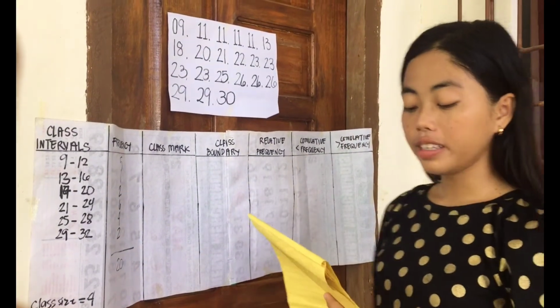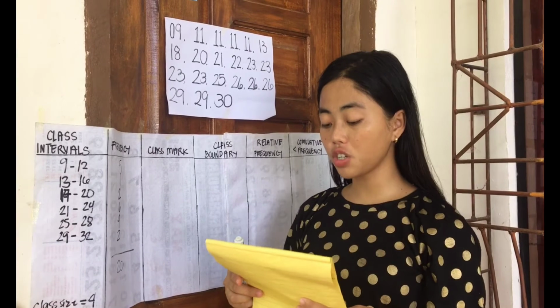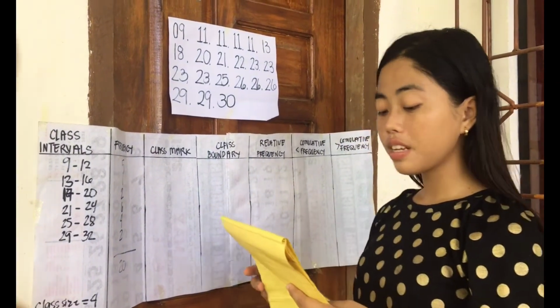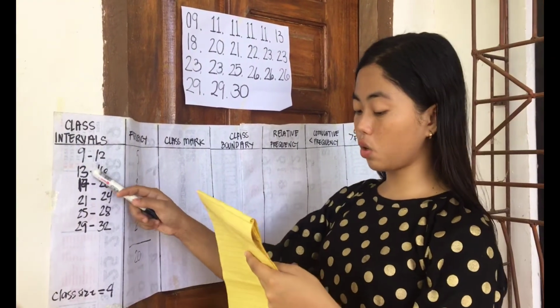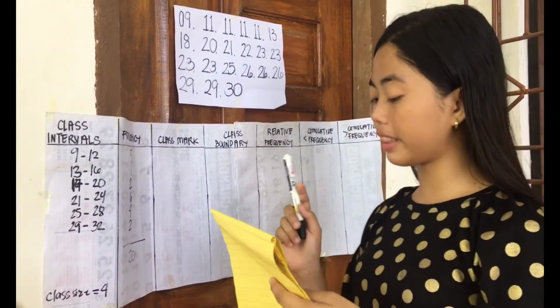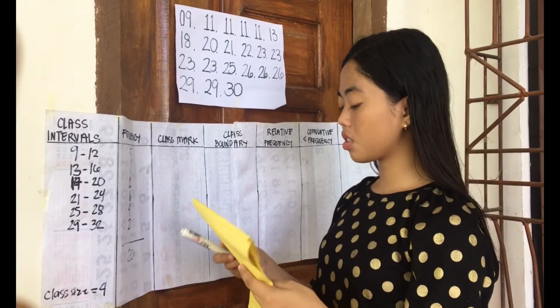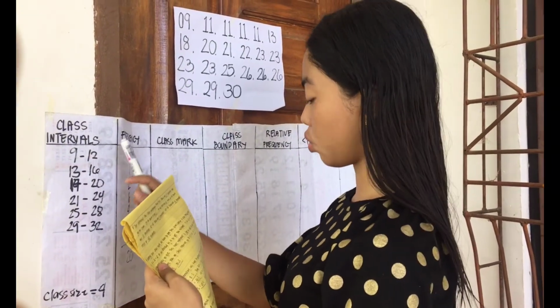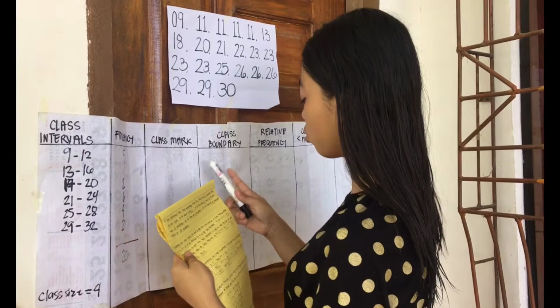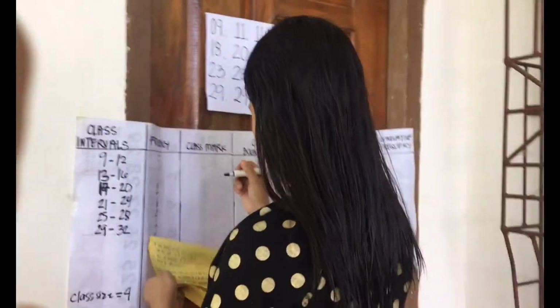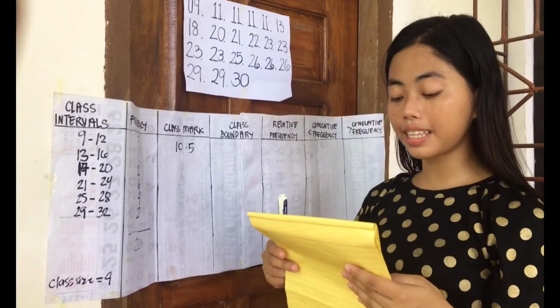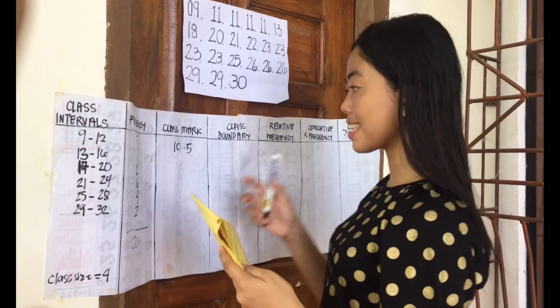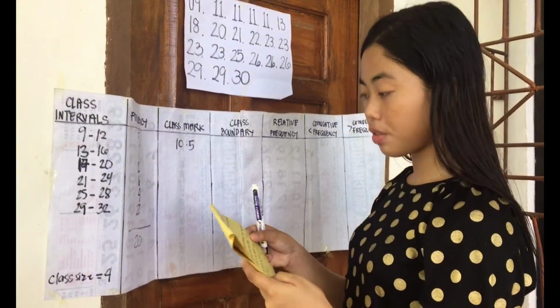For the class mark, we get the summation of the two class limits, 9 plus 12, which is 21, divided by 2 to get the midpoint, 10.5. The easiest way to get the next midpoint is to add the class size, which is 4.